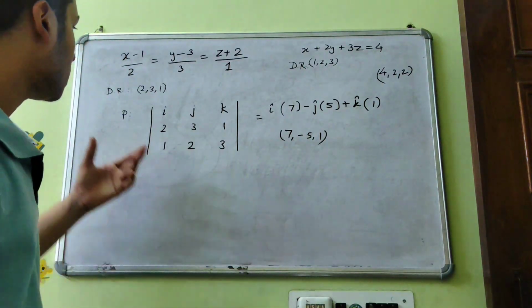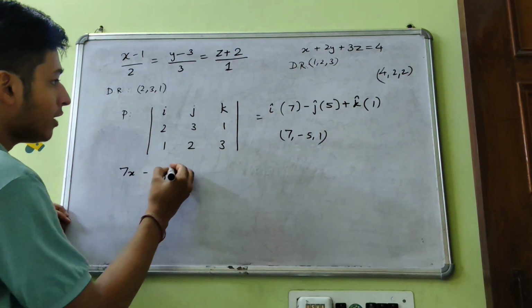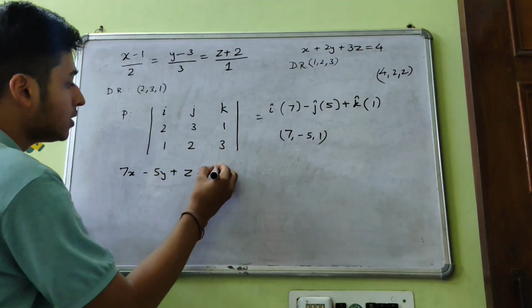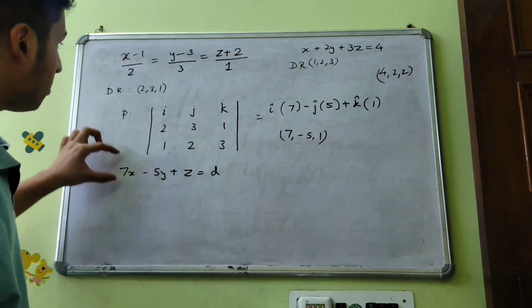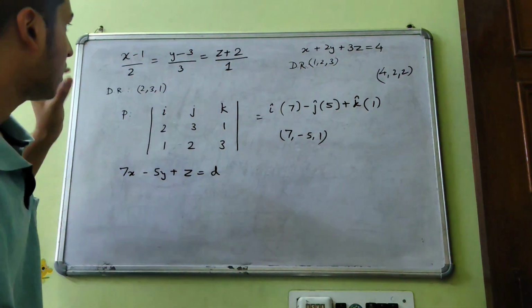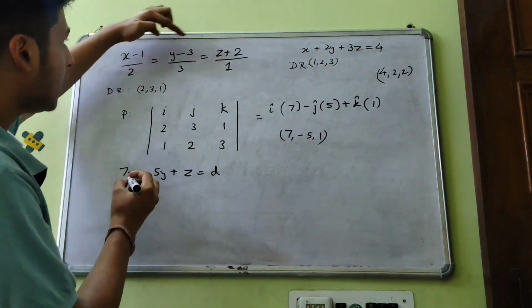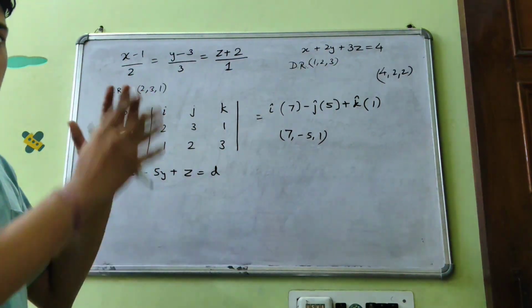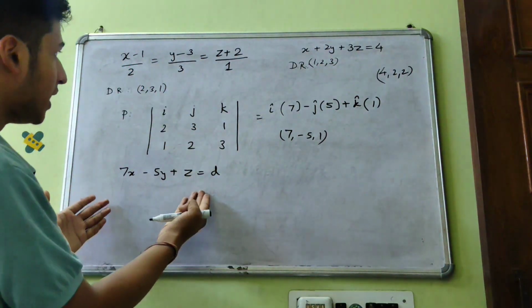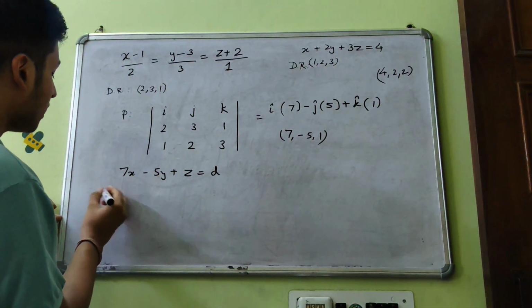So the general equation of such a plane would be 7x minus 5y plus z equals d. Since this plane P contains this line, it also contains the point 1, 3, minus 2. Since this line passes through the point 1, 3, minus 2 and this line lies in this plane, this plane also passes through the point 1, 3, minus 2.